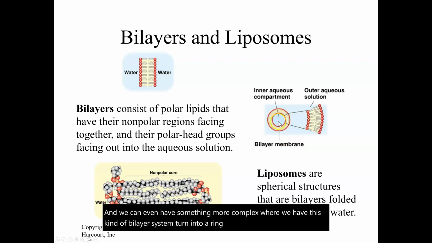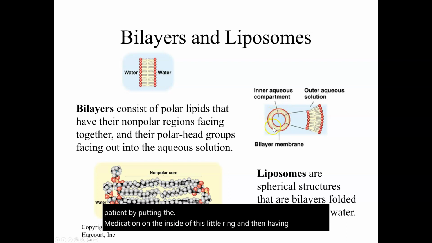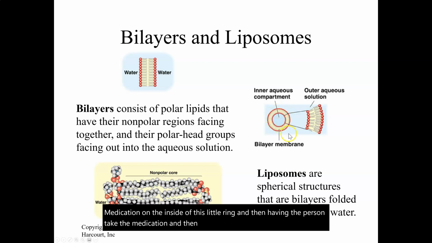And we can have water on the inside, no water here, this hydrophobic, and then have water on the outside. And this is also a mechanism that we can introduce medications to a patient by putting the medication on the inside of this little ring and then having the person take the medication, and then it goes to the body where it's needed.